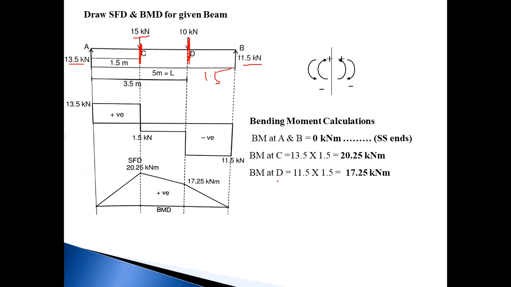Then next, bending moment at D is 17.25 kilonewton meter, a positive value, so plot 17.25 upside of the baseline, and join all these points using straight lines. This is the final BMD of this problem, and all these values are above the baseline, so the BMD is positive.